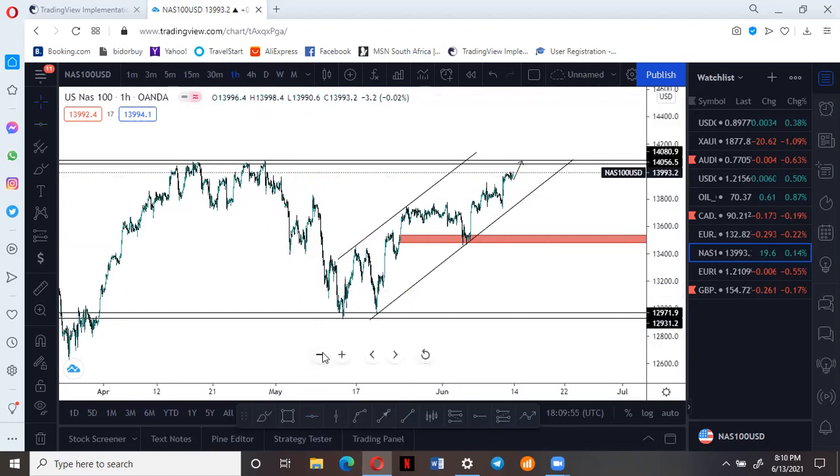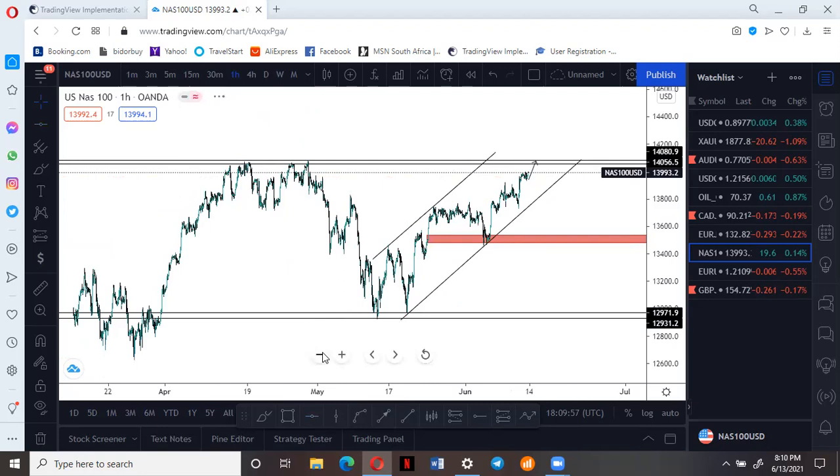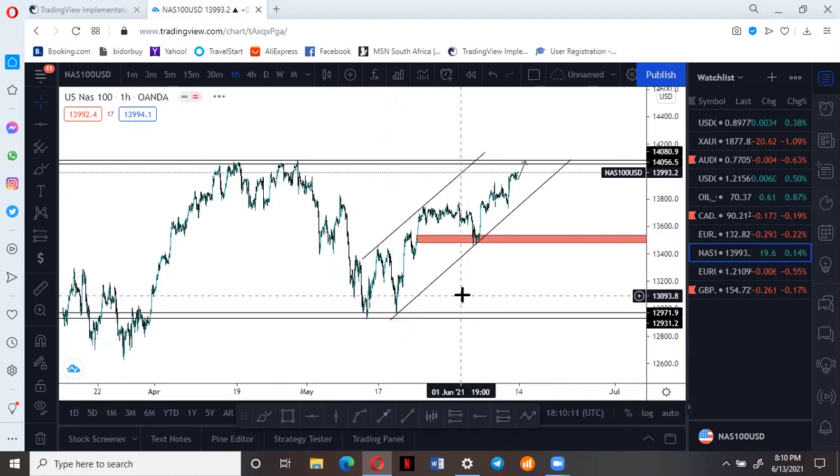If you are a person with order blocks or the ICT method, you will know that around 12,971 there was a lot of demand, right?